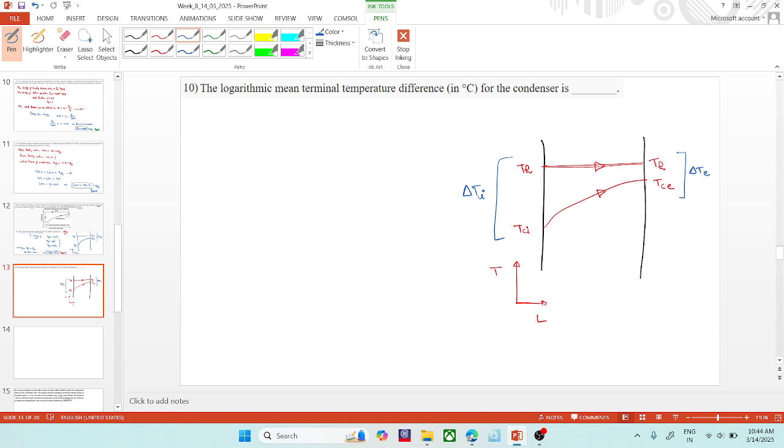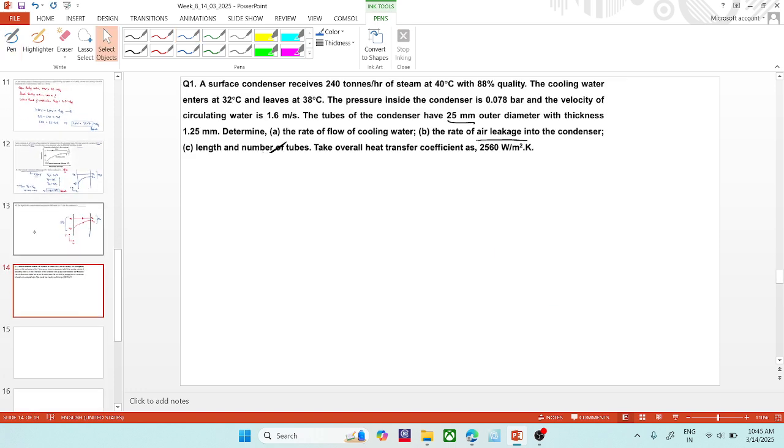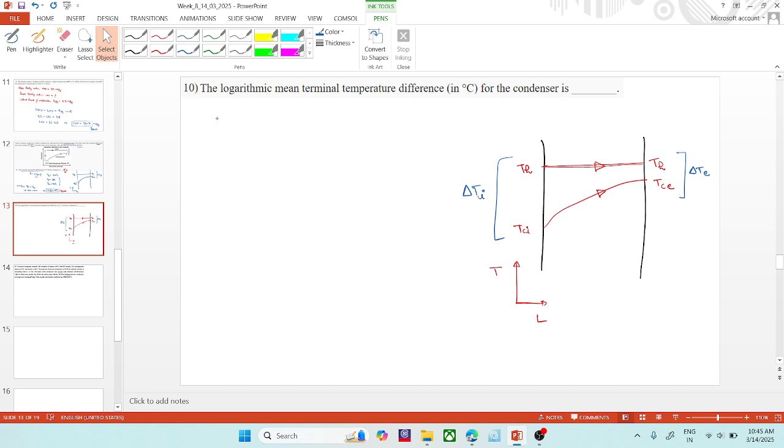Okay, so now let me write the values here. TH is 44 degrees centigrade, TCI is 30 degrees centigrade, and TCE is 40 degrees centigrade.